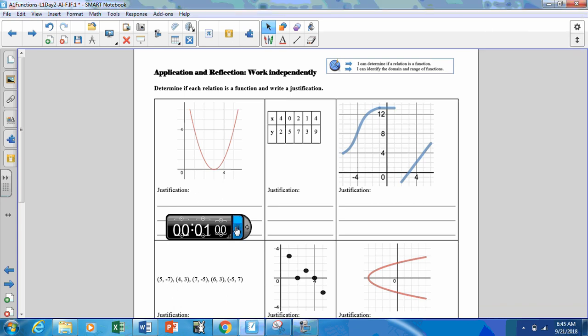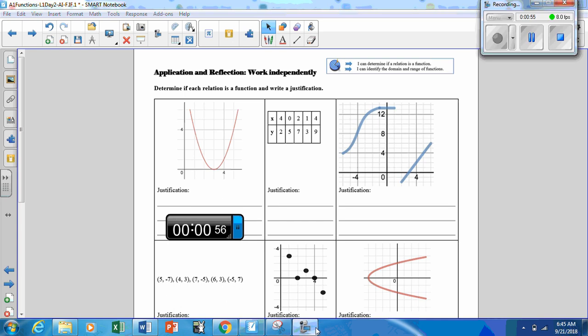Okay, students, welcome back. My hope is that from looking at the work, you were able to at least get things sorted into categories. Here we're viewing a graph. We're seeing a table, a graph, some coordinates, another graph, and another graph.